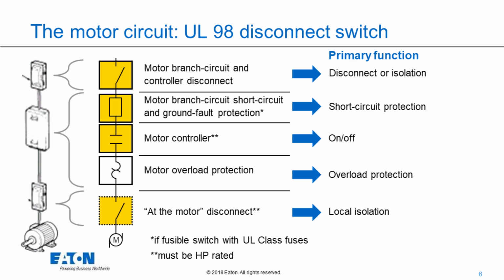So a fusible 98 disconnect switch could provide motor overload backup protection. We didn't color it in there, probably because some of them are not fusible, they're non-fused. Again, at the motor disconnect, that's Article 430 Part 9 again.